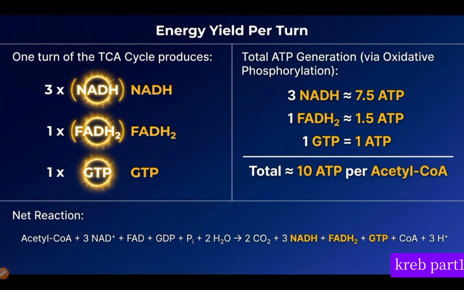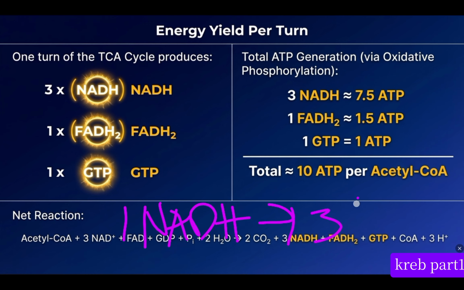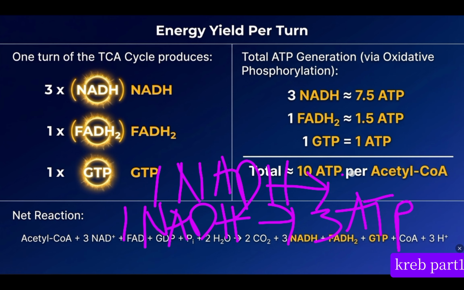So in the tricarboxylic acid cycle, what are we holding? Remember, some textbooks will tell you one NADH will hold 3 ATP, depending on what you are calculating with. Some textbooks will tell you one NADH will hold 2.5 ATP.